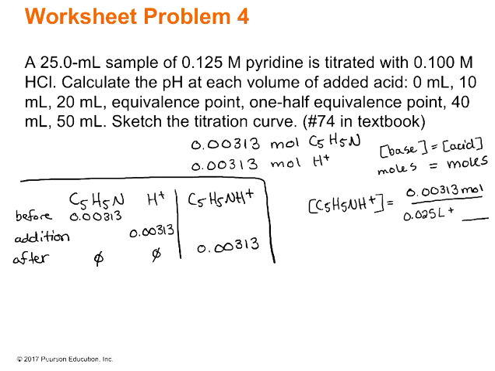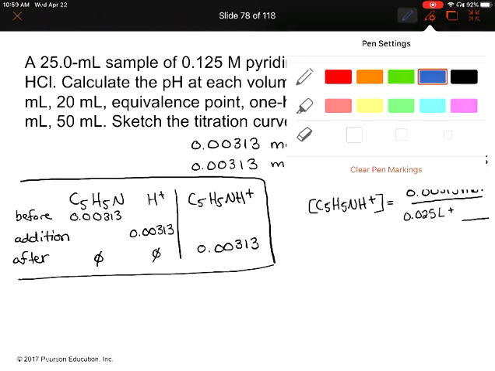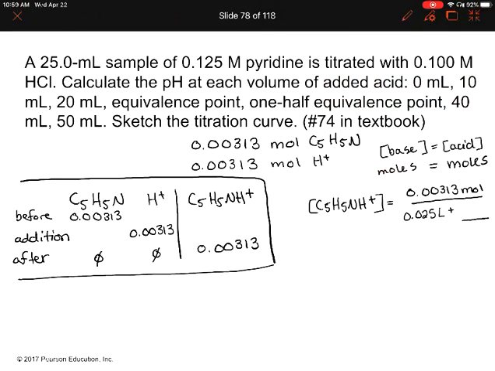Well, we don't know that, so we're going to have to solve for the volume of added acid. Okay, so we know that we added 0.00313 moles of H+, and we also know the concentration of the strong acid solution. So we can use that to determine the volume of hydrogen ions, or HCl, that we added.